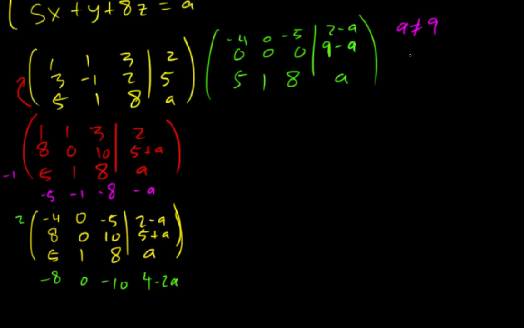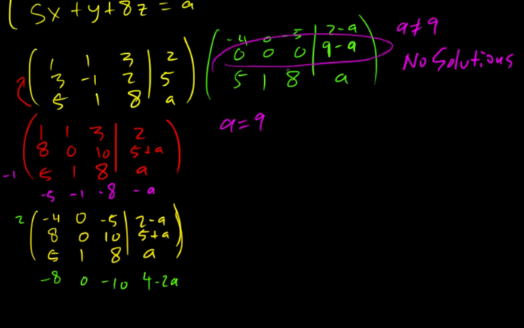Okay, now if A equals 9, this row would be all zeros, and we'd have infinite solutions, like on the previous problem that we did. So we're going to do the same thing.